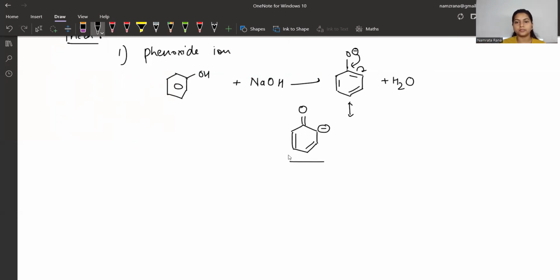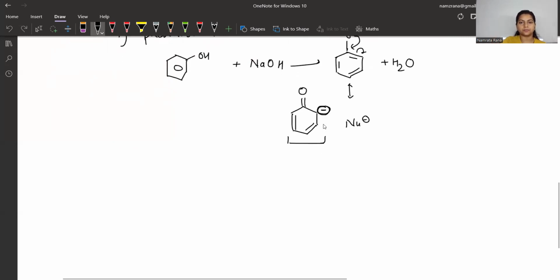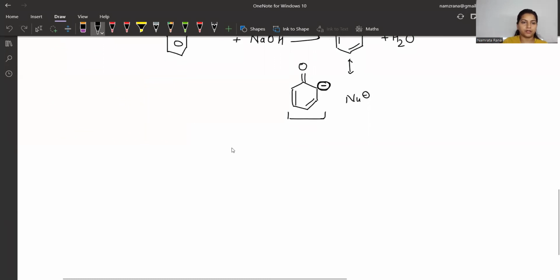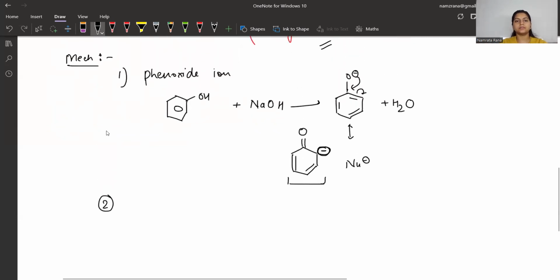As soon as you see this, it is a nucleophile, right? Because it has negative charge. Now, on nucleophile, there is always an attack of electrophile. So, to generate an electrophile, we need to take out the second step. First step was formation of phenoxide ion.